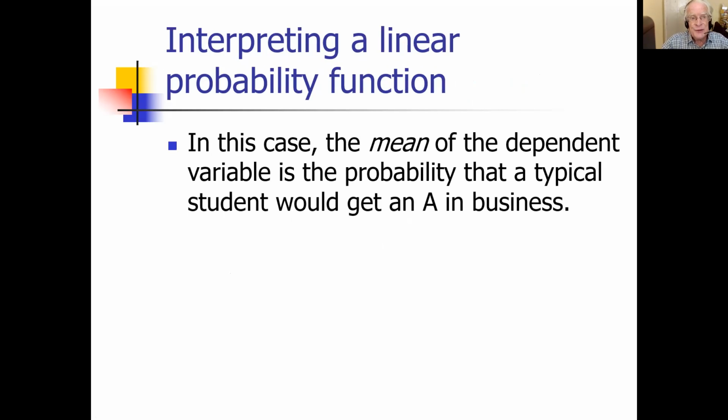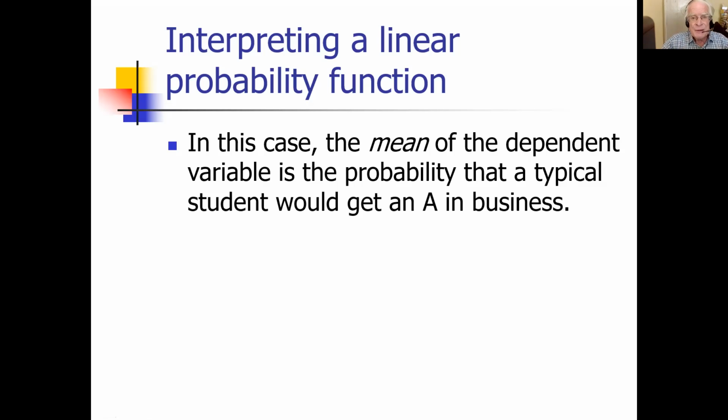Although each observation has a value of the dependent variable of only 0 or 1, the average value across all the observations of the dependent variable gives us an idea of the probability that a typical student will get an A in business.